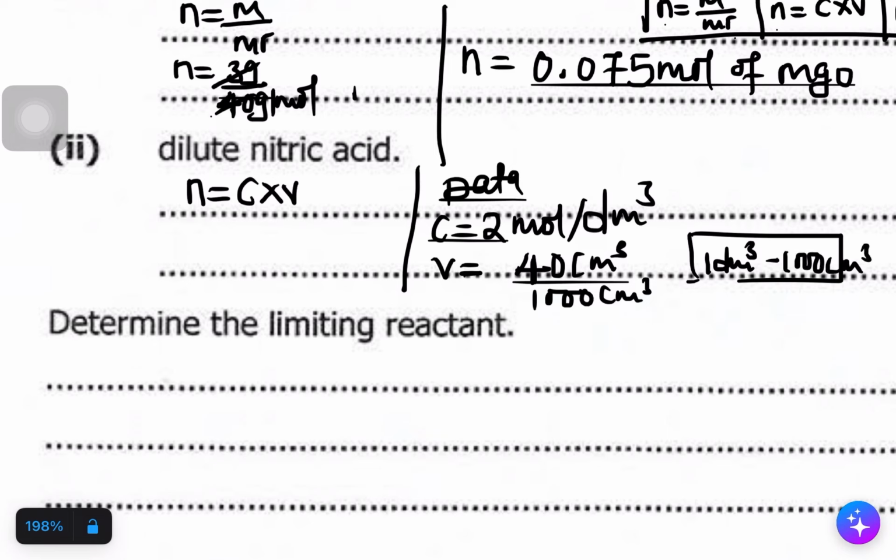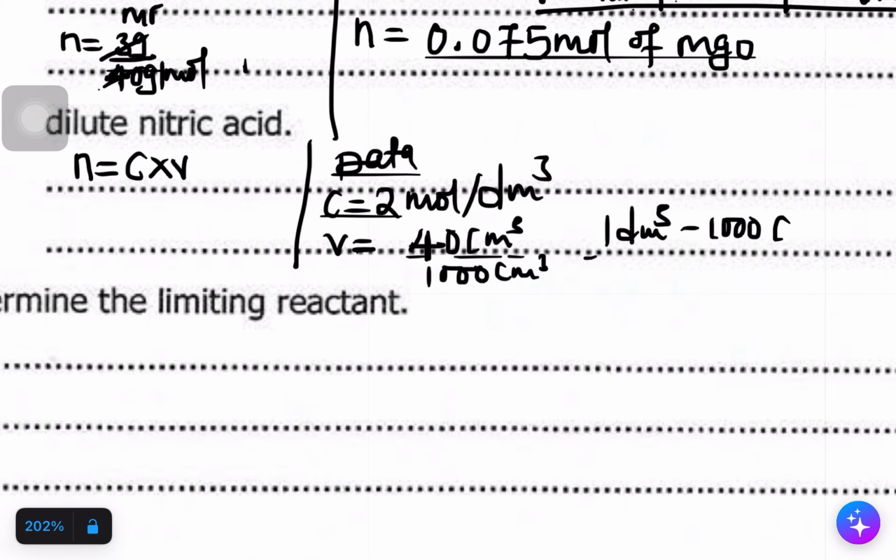This ratio is used for converting volume from centimeter cubic to dm3. Let me write it properly. So we have 1 dm3 is equivalent to 1000 centimeter cubic. That's the ratio that we use, so we have to be aware of it as we are converting. So here, this is what I've done so far.